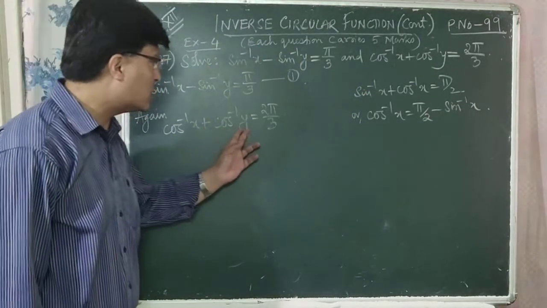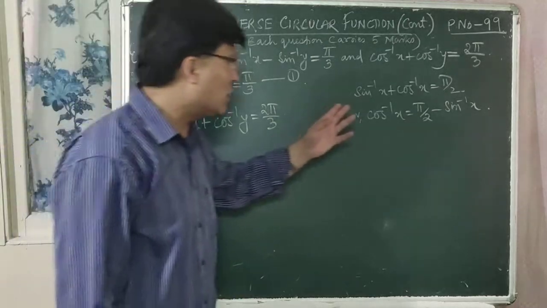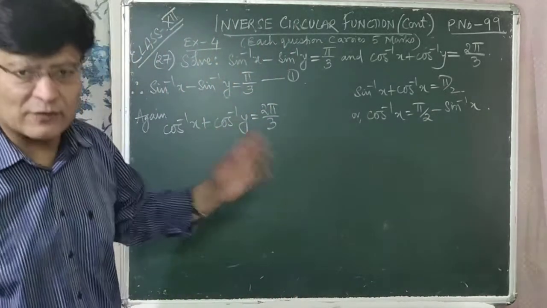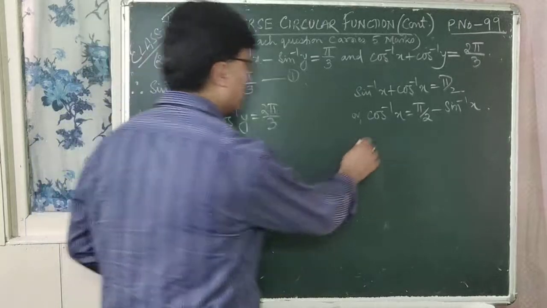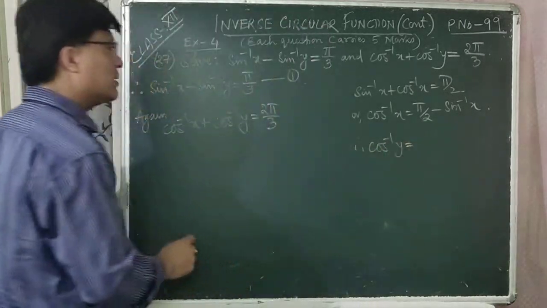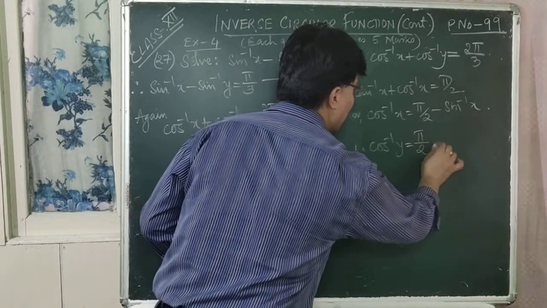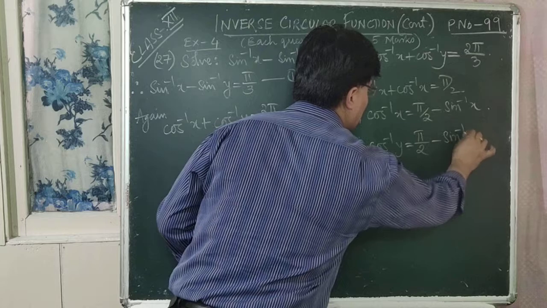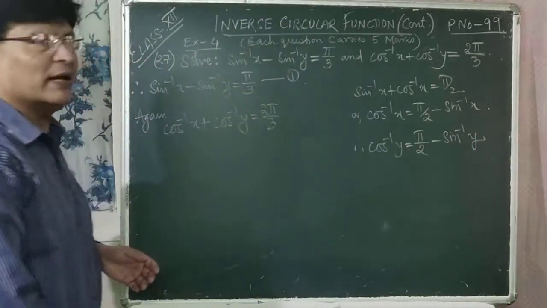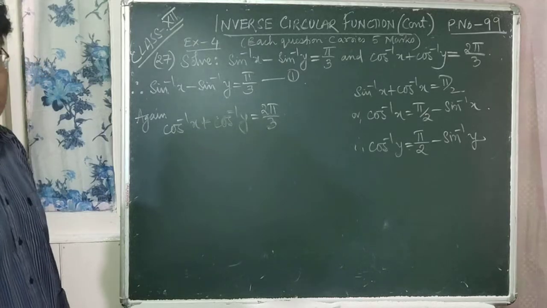Similarly, cos inverse y is equal to pi by 2 minus sin inverse y, isn't it? In place of x, you have to write down y. So cos inverse y is equal to pi by 2 minus sin inverse y.